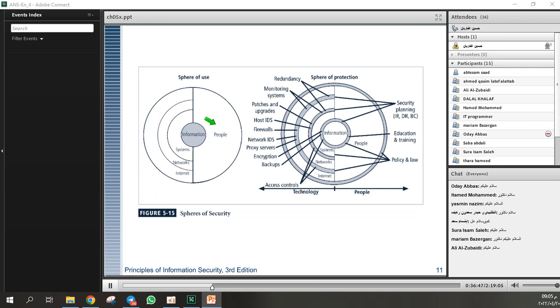If you prepare the best security solutions, if you have the best security technology, still people are in your organization. And we have to prepare some plans for those people to reduce their security risks, especially when we talk about education and training, when we are applying policies and laws, we need to control those people.